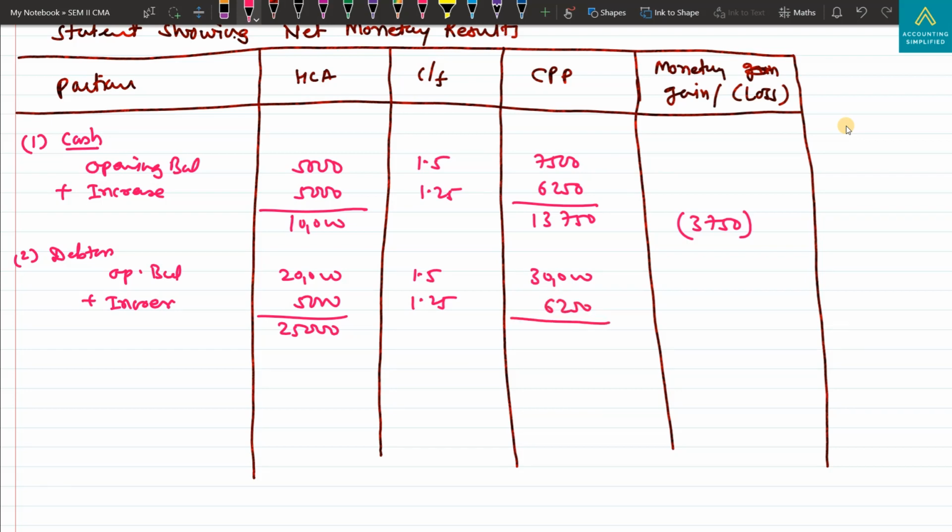If we do the total, 36,250. If you think this is a speedy calculation, you can pause and watch it again. 1,250. So this is debtors, meaning money to be received. Debtors means receivable, which means loss, right?